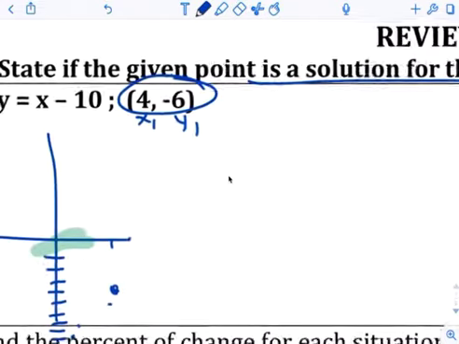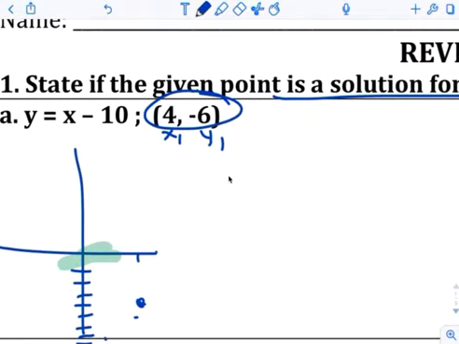So you would go, okay, y, which is -6, for y equals x minus 10, x is 4. Is that -6? Yes, -6 equals -6. Yes, it does equal -6.